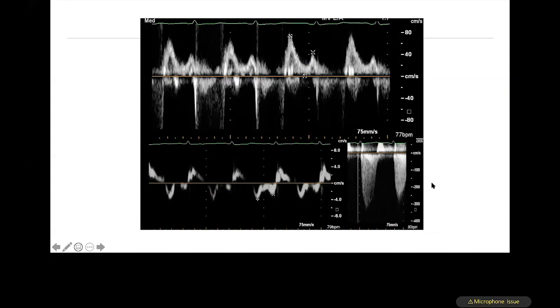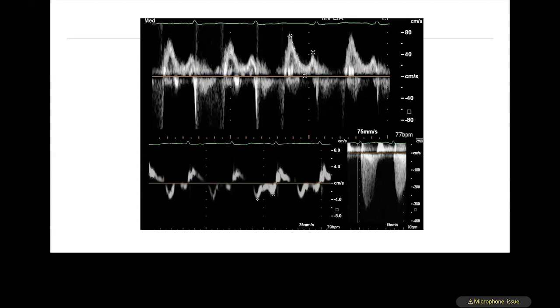So this patient has preserved ejection fraction. E by E prime is elevated. So you have 8 over 4, nearly 20, E by E prime, and a markedly attenuated E prime velocity.